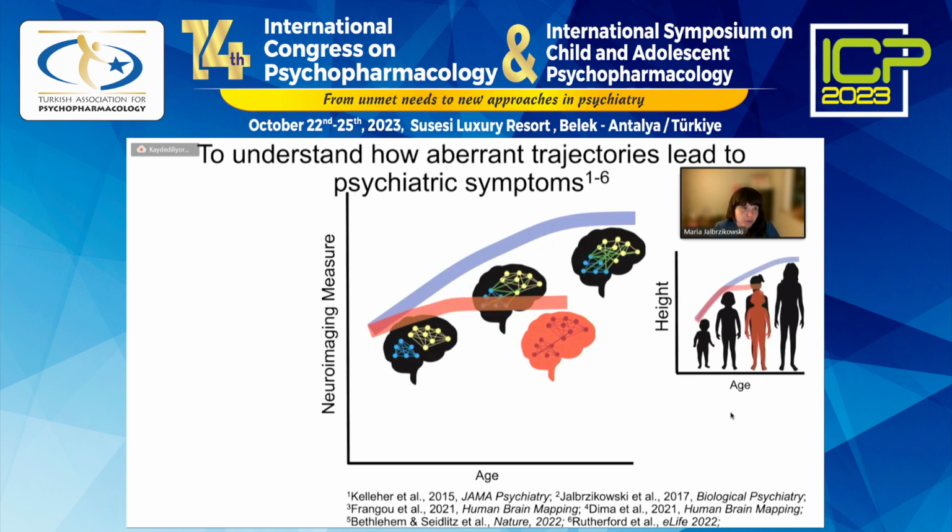This approach has been termed normative modeling, and there have been some really fabulous collaborations combining large amounts of data to show this age-related neurodevelopmental change across the lifespan.